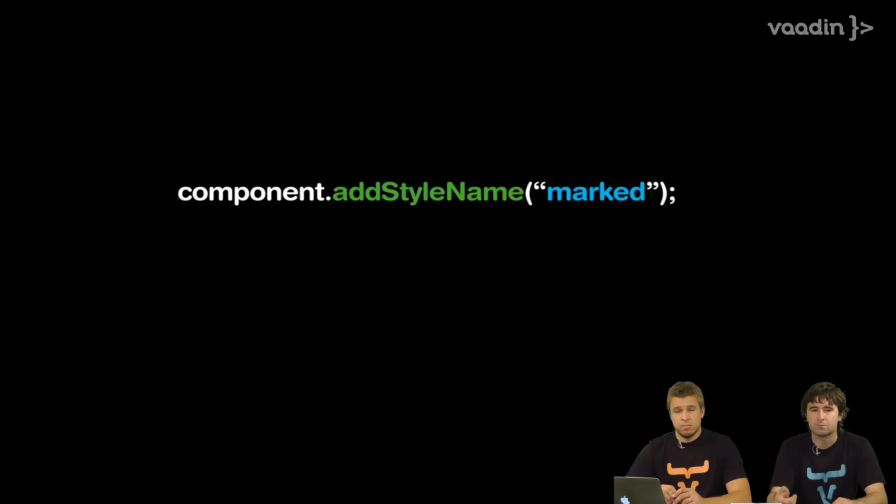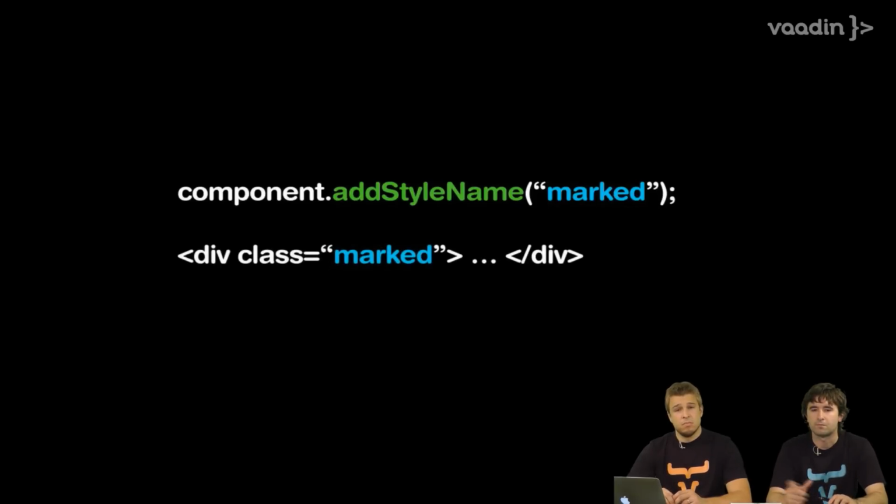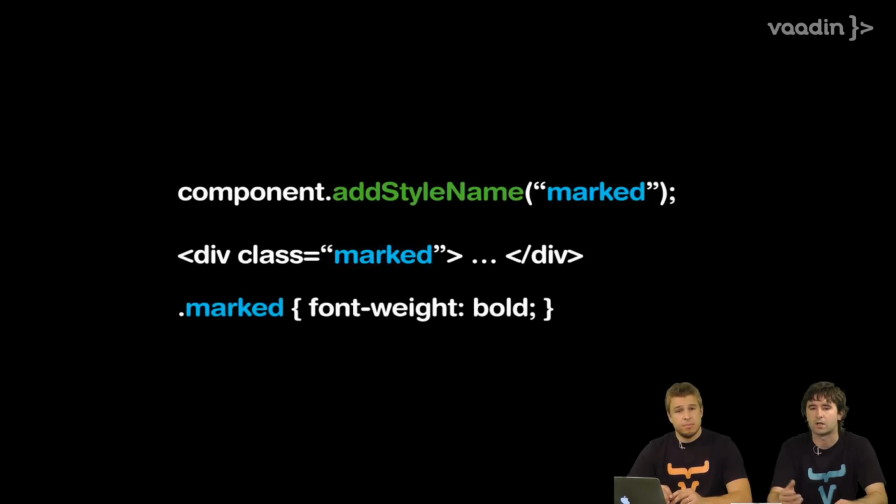When you do this method call, so for a component you add a style name named marked, then the corresponding HTML element will have that style name as a class. Of course, if there are more style names, then they will all be listed there with space separated values. And then this is very easy to reference from CSS. We just use a class selector, so .marked, and then we put the styling there.